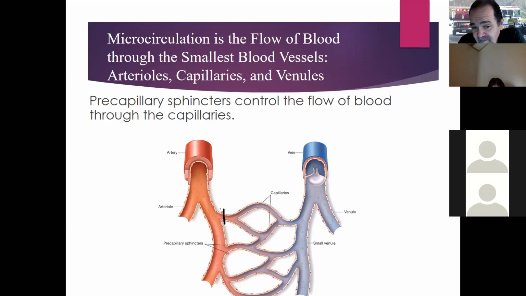Sometimes your fingers turn pale, sometimes they turn blue. And this is all because of this shunt right here, this precapillary sphincter itself closing it off. The capillaries are very superficial.